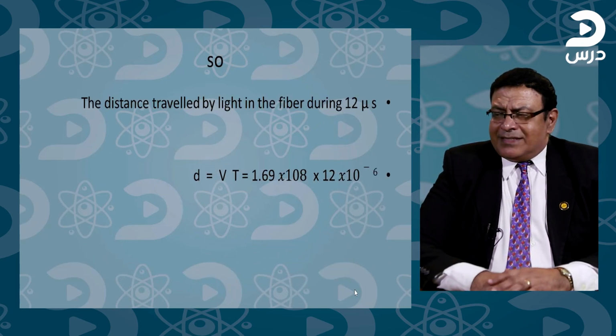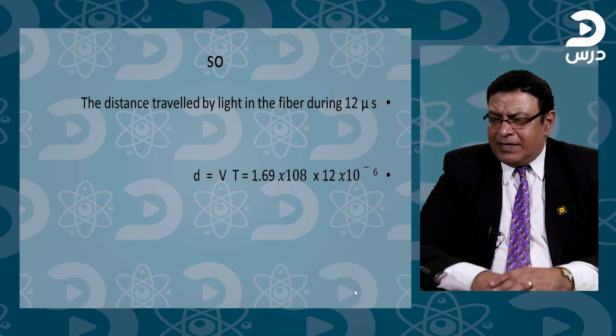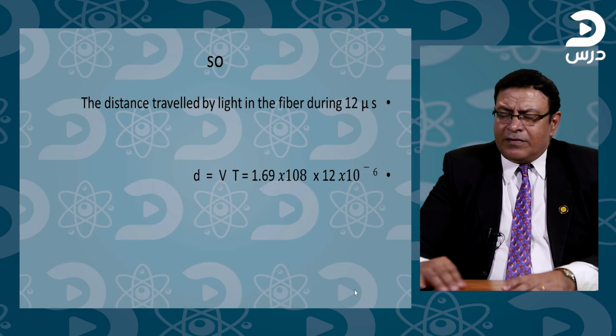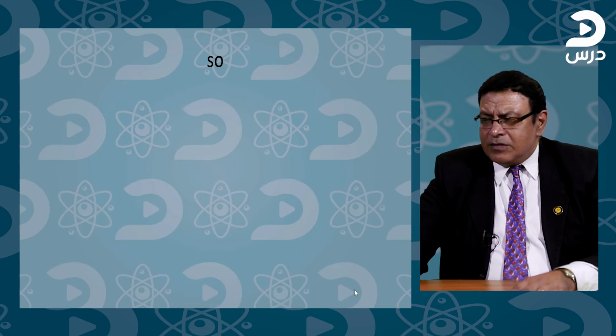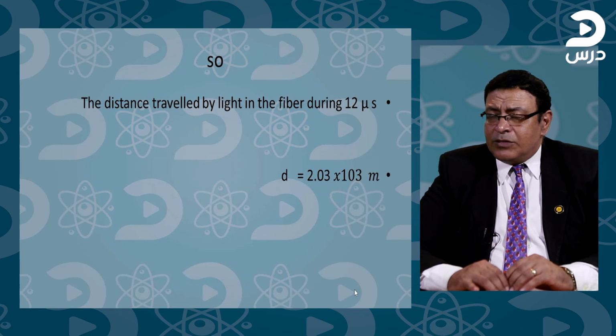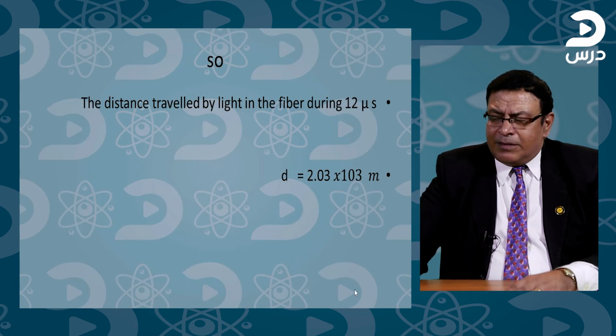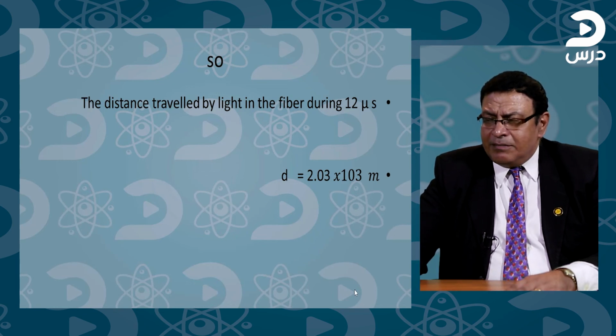So the distance traveled by light in fibers during 12 microseconds d equal v multiply t, 1.69 multiply 10 power 8 multiply 12 times 10 negative 6. So the distance traveled by light in fibers during 12 microseconds equal 2.03 times 10 power 3 meter.